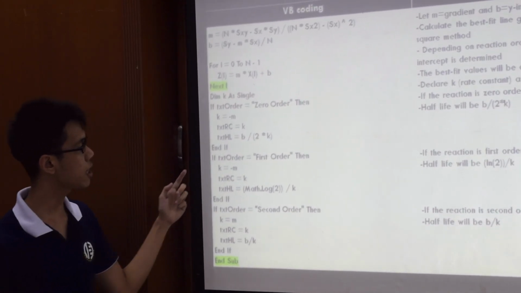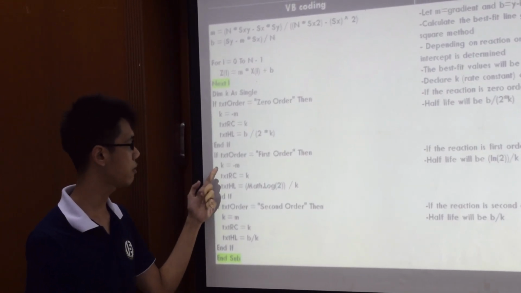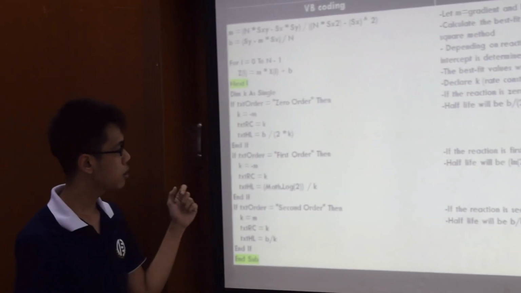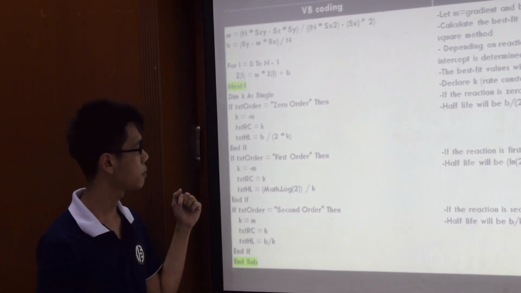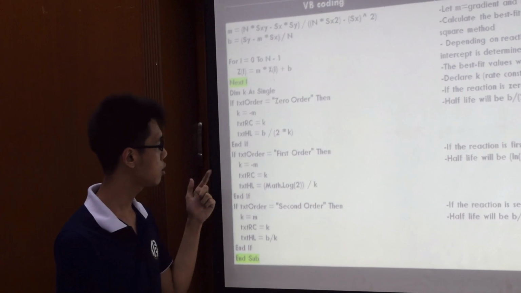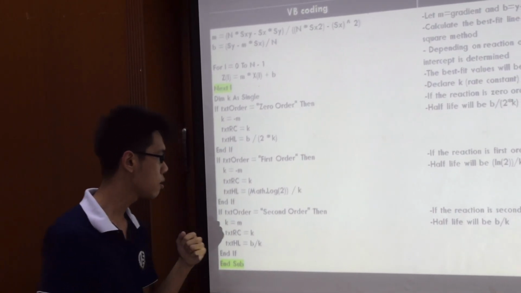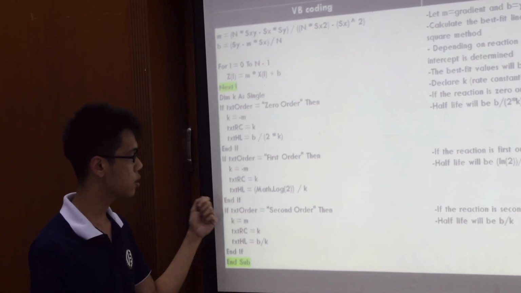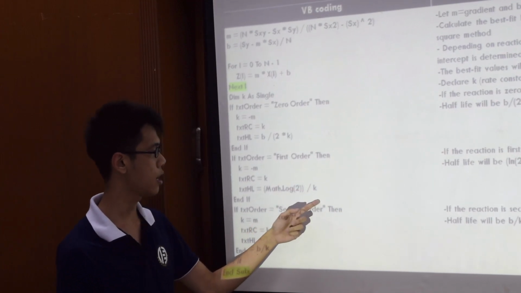So if the text order is equal to first order, then k is equal to negative m, because the gradient of the first order graph is negative, so we need to put a negative here in order to get a positive value of k. For the half-life equation, we put math.log 2 over k.